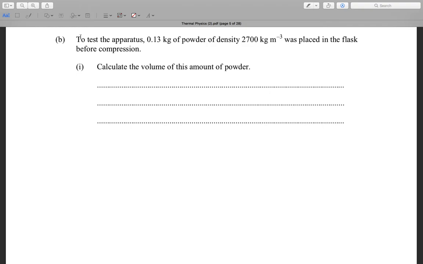We know density has a formula: density is mass over volume. So if we find the volume, V is mass over density.